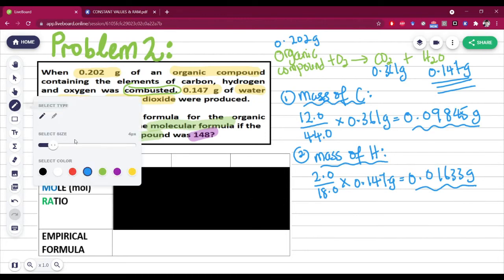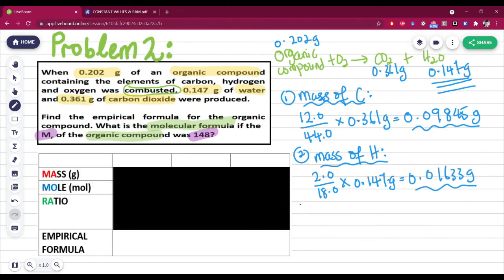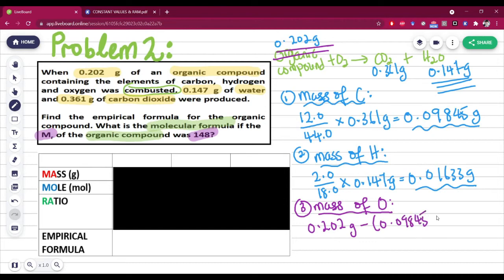And the mass of oxygen, again, we're going to take this 0.202, the mass of the organic compound, minus the mass of carbon plus the mass of the hydrogen.